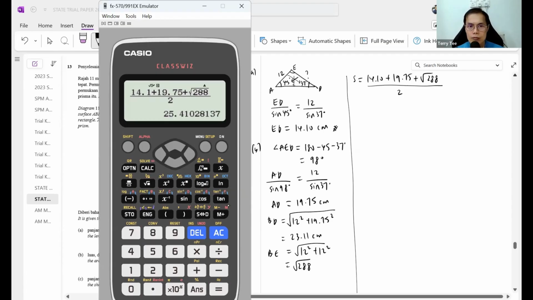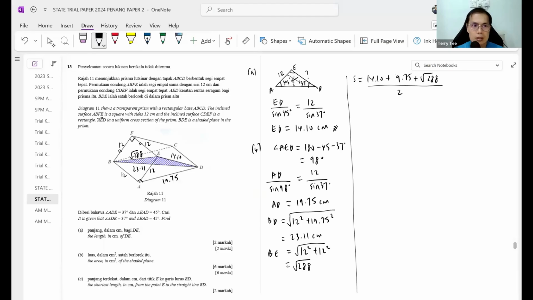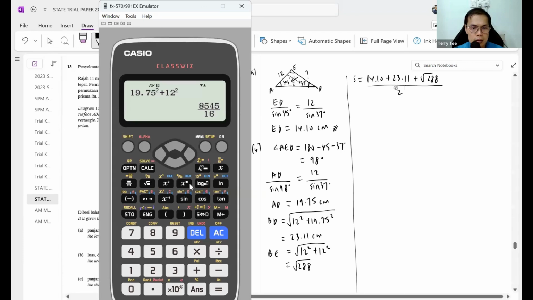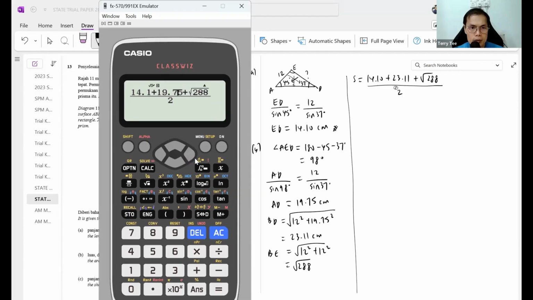You get 25. Okay, I think I wrote this wrong. Not 19.75, it is 23.11. Sorry, it's 23.11. 19.75 is not the length. Let me just adjust this, change this to 23.11.